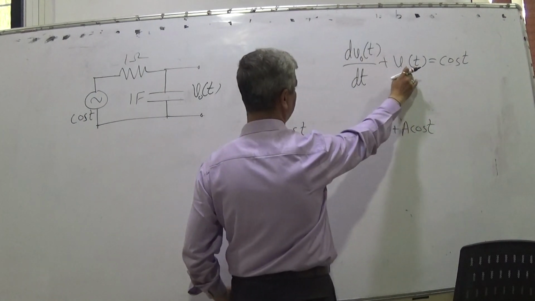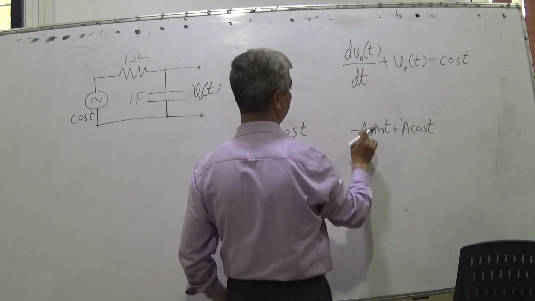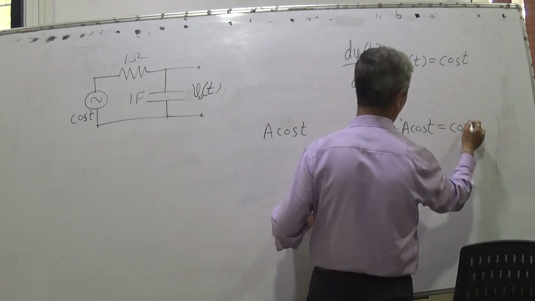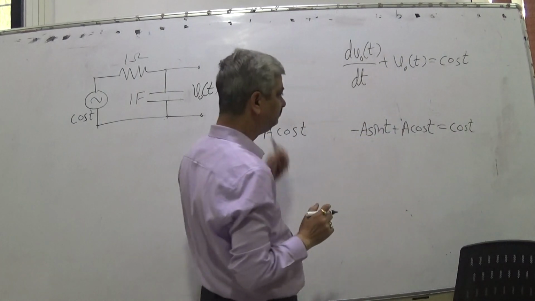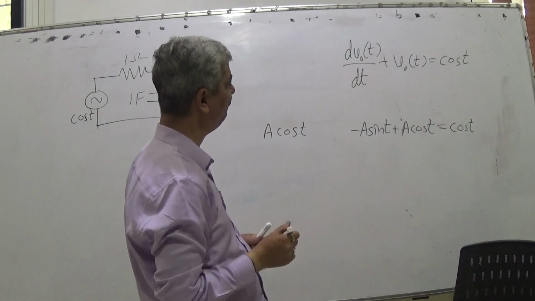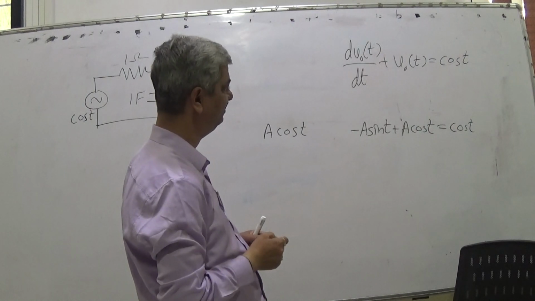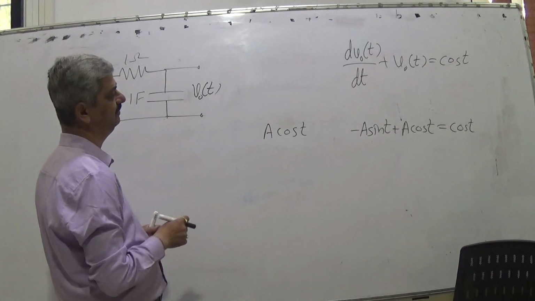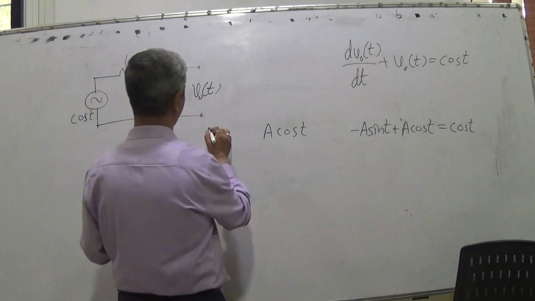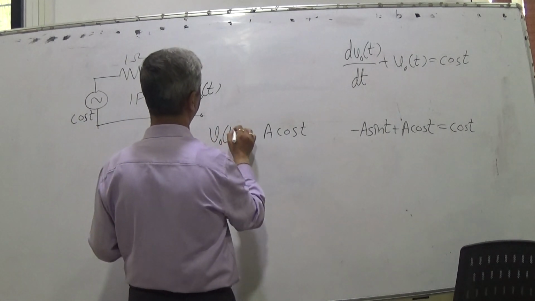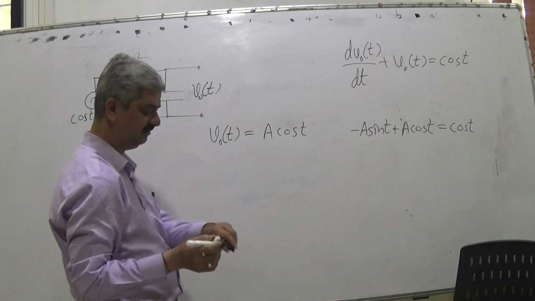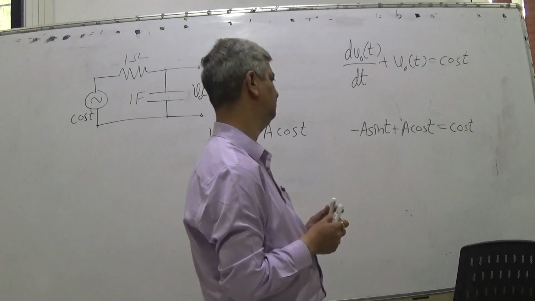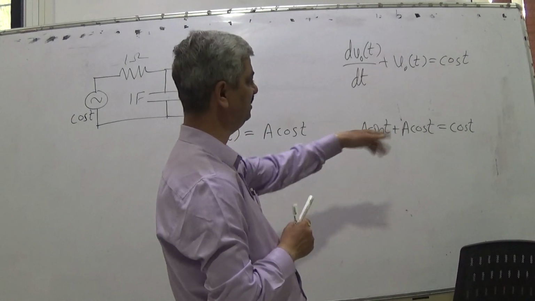Can it ever be equal to cos t for any value of a for that matter? So let us assume that v of t is equal to a cos t. For any value of a, it is not possible. Even if a is 0, that is not possible.